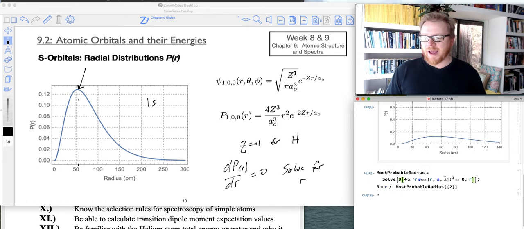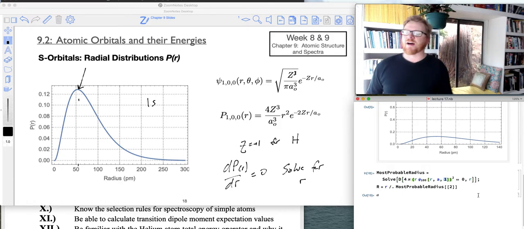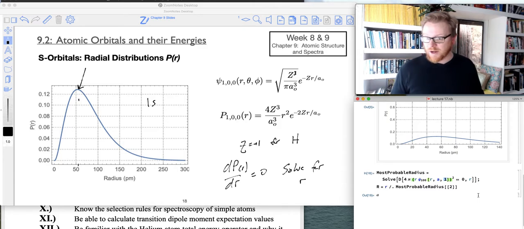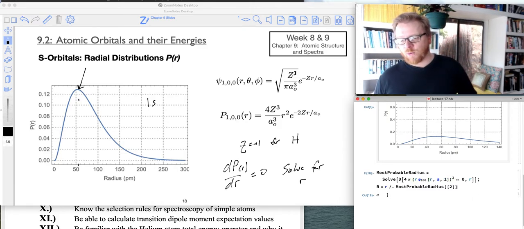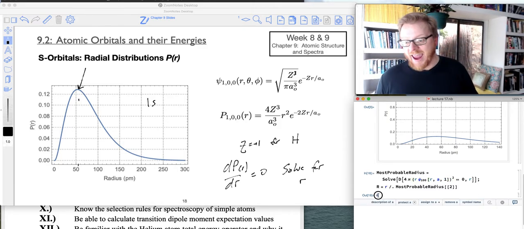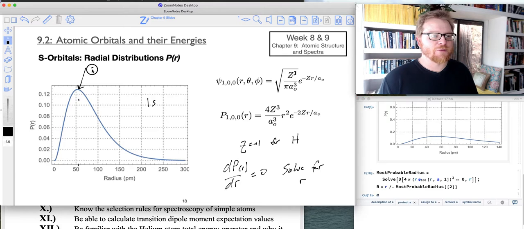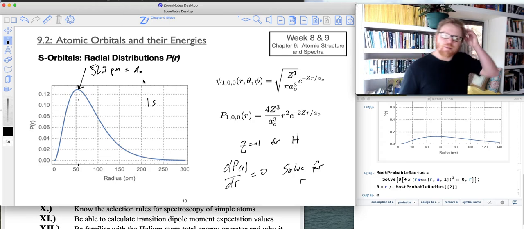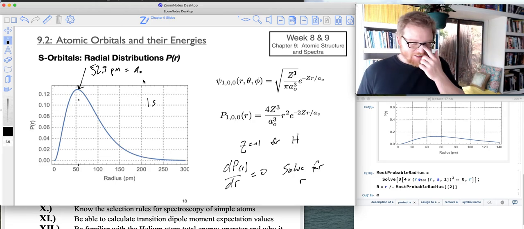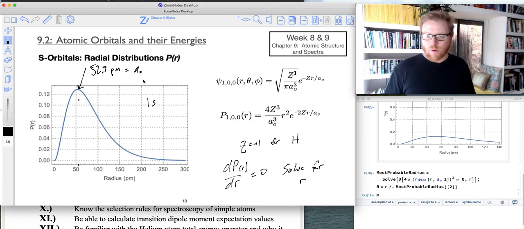And I've also, on my code right here, that number 1 that I've highlighted, that Z is equal to 1. And check it out. We get a, the Bohr radius. Very cool. So that peak is, in fact, 52.9 picometers. And the most probable radius for finding the 1s electron in hydrogen is the Bohr radius.